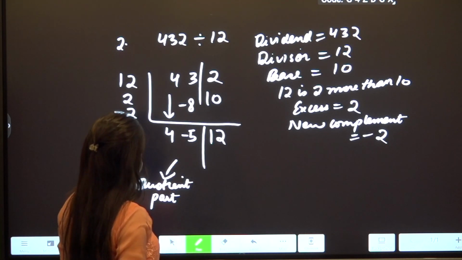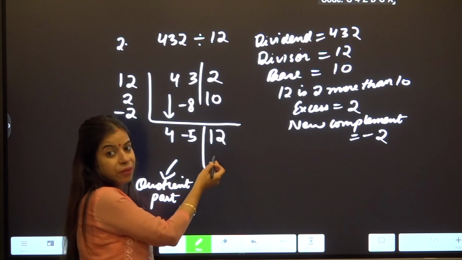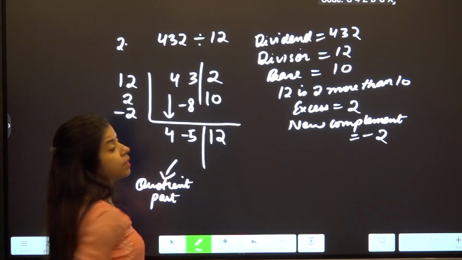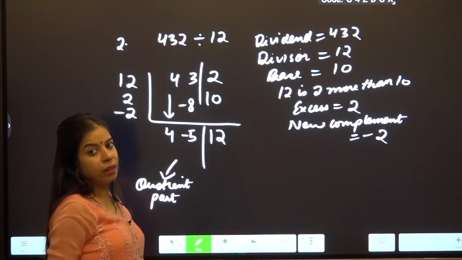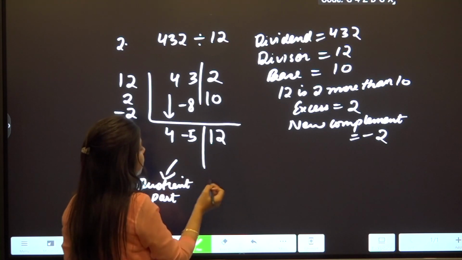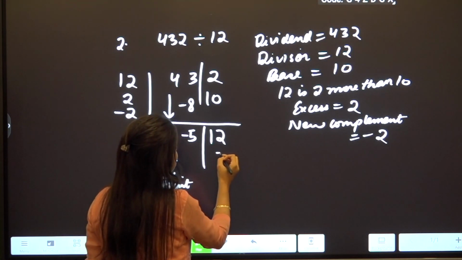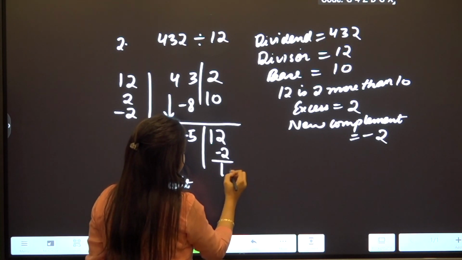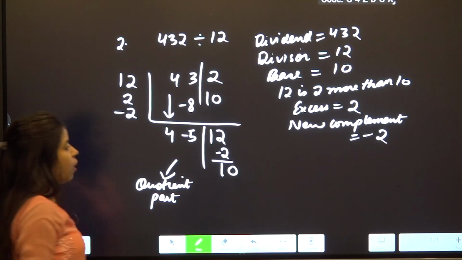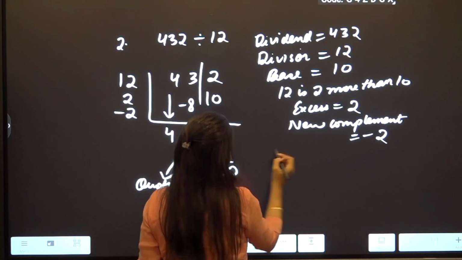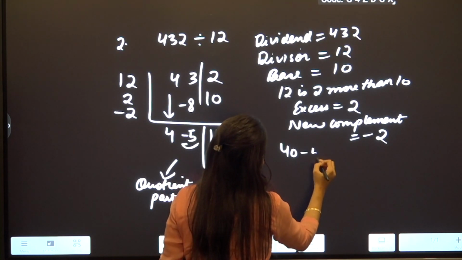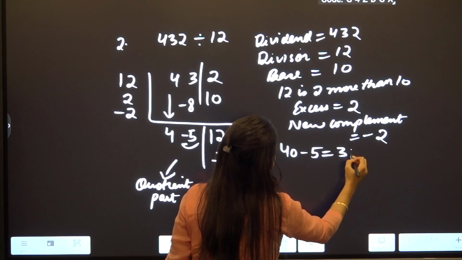See here, 12 is the remainder and 12 is the divisor. So we are going to add the new complement here. So this is minus 2. So this will become 10. Okay. For the quotient part we have minus 5. So this is 40 minus 5. This is 35.